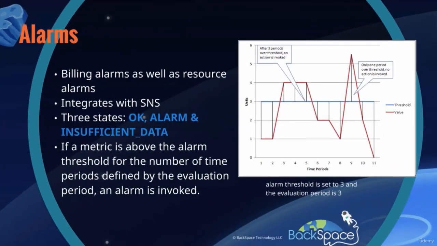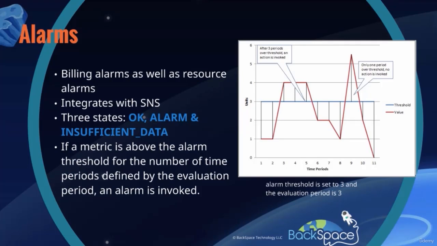CloudWatch alarms can alert us when a metric exceeds a threshold level that we define. We can have billing alarms that can alert us when our bill exceeds a certain level. We could also have resource alarms. For example, we could have an auto-scaling group of EC2 instances, and they could be expanded and contracted based upon an alarm of the utilization of those resources.